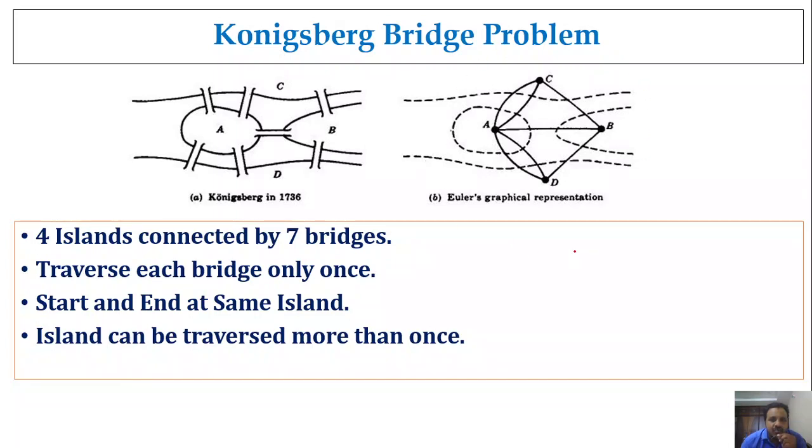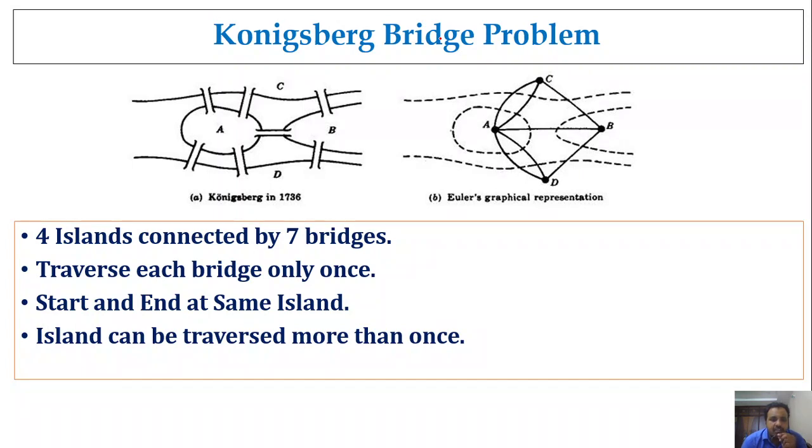The moment Euler mentioned that this problem is not solvable, the problem came into the solvable category. Why? Because it was proved mathematically by Euler that the problem cannot be solved, so it is considered a solvable one.